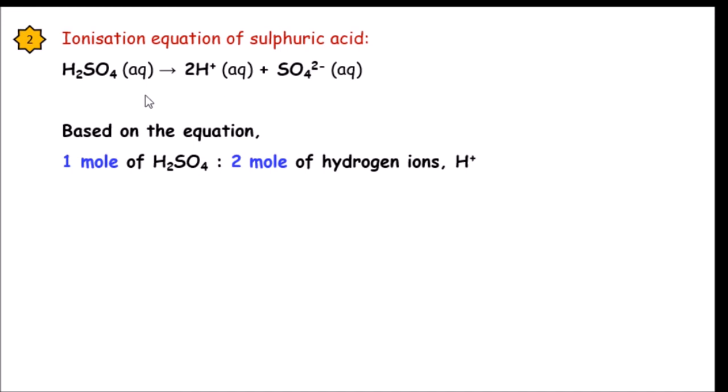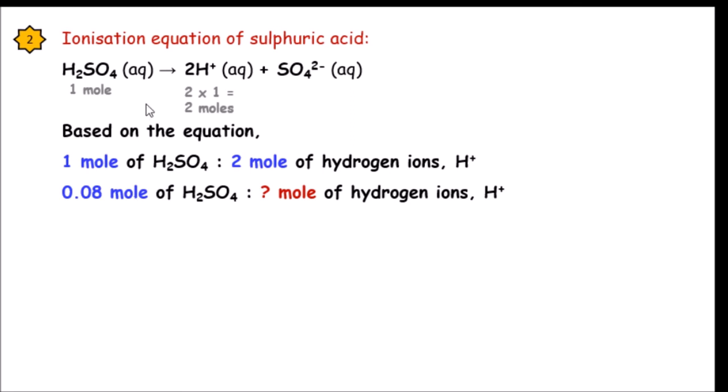So now, based on the ionization equation, 1 mole of the sulfuric acid produces 2 moles of the hydrogen ions. So, you already found that the number of mole of the sulfuric acid is 0.08 mole.